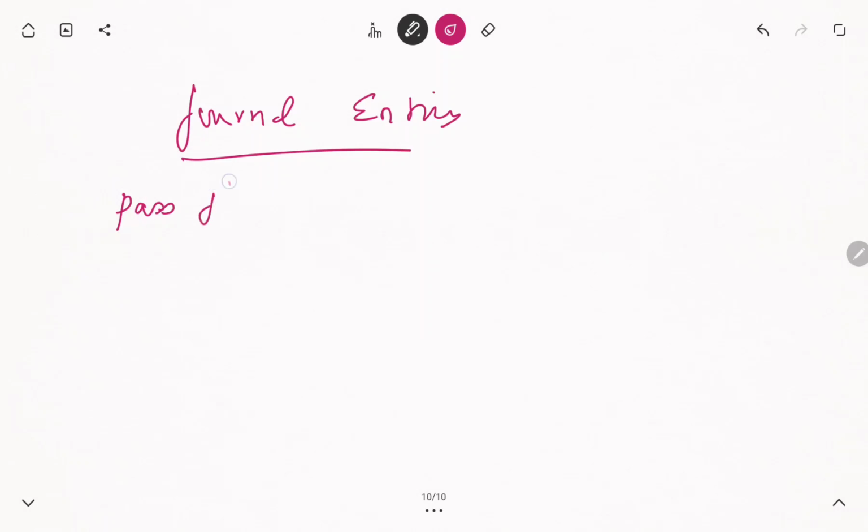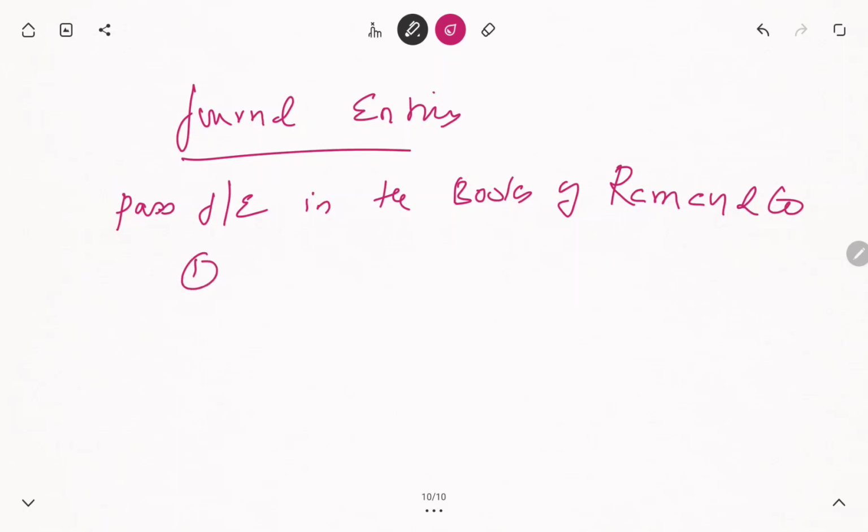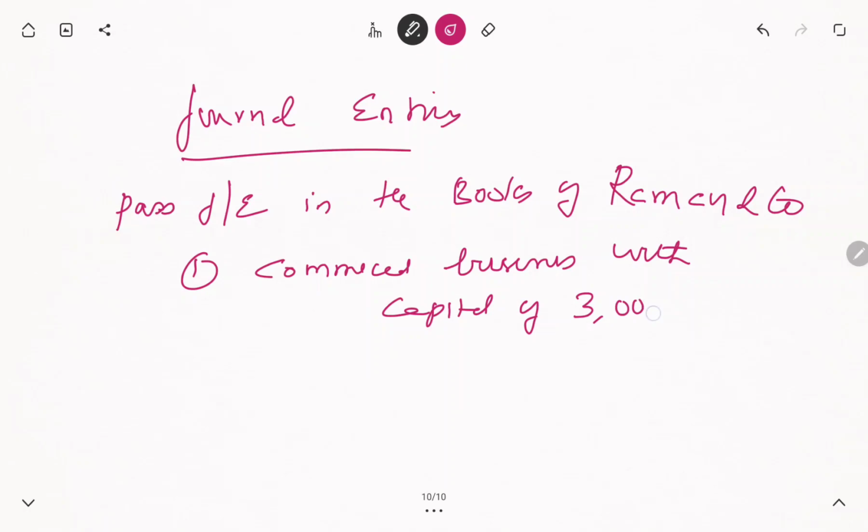Pass journal entries in the books of Raman and Co. Number 1, commenced business with capital of 3 lakhs. Next one, paid rent rupees 40,000.